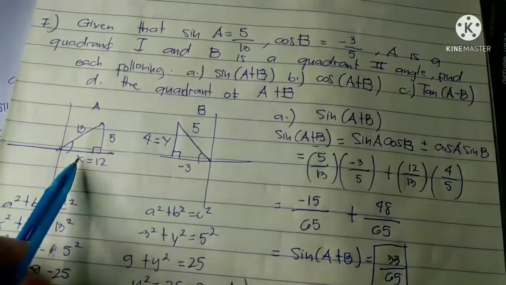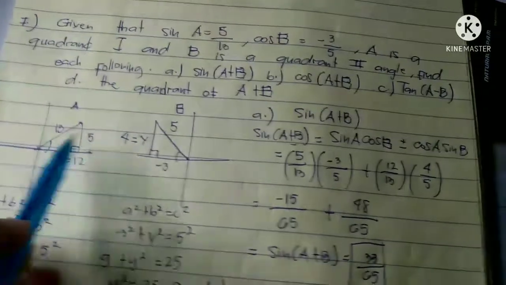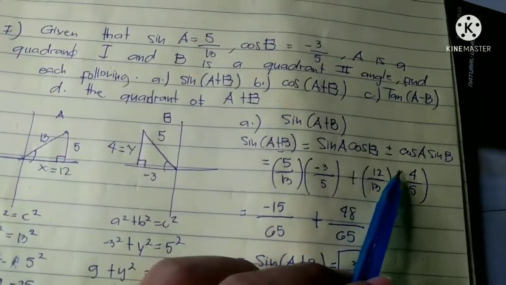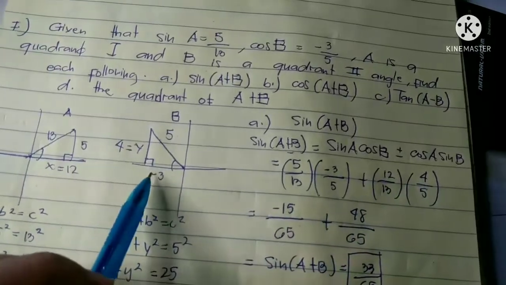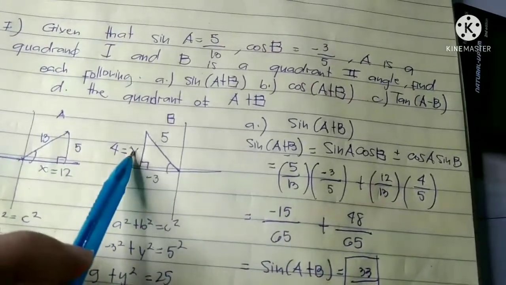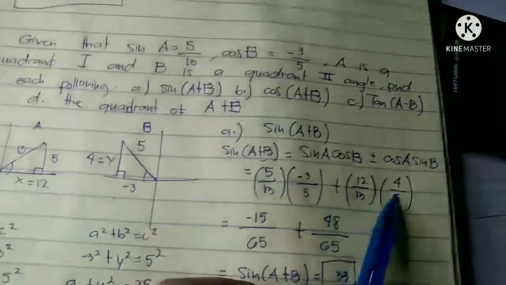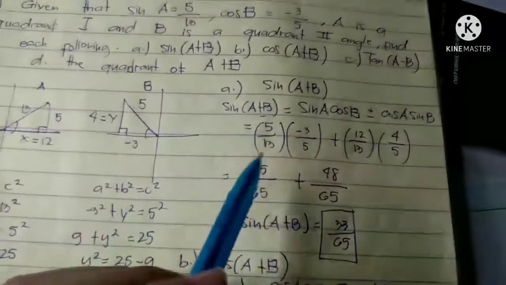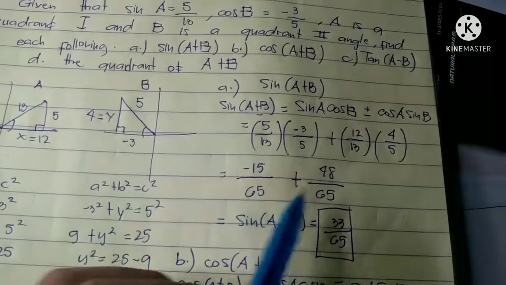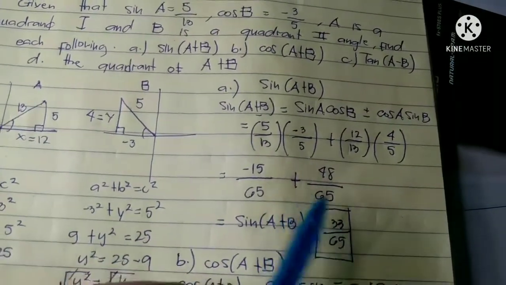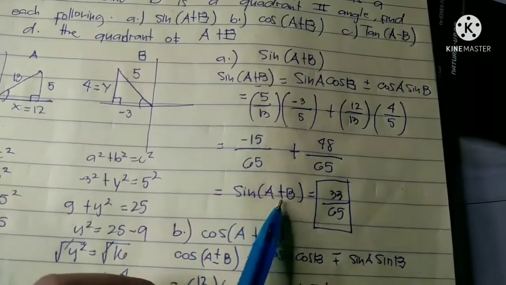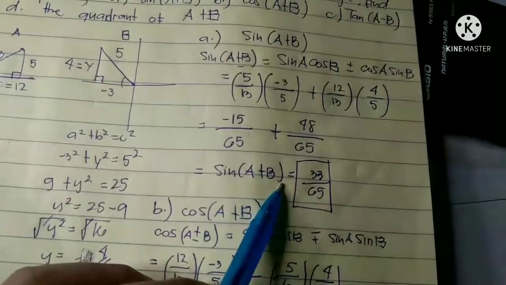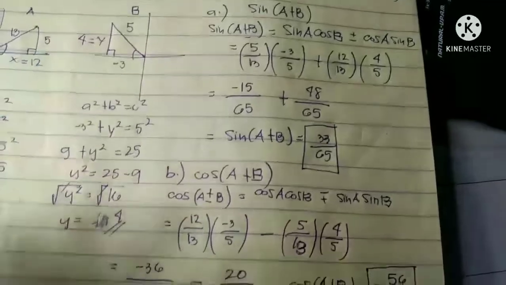So our adjacent is here, which is 12, and hypotenuse 13, and our sine b is here, opposite, and our hypotenuse here. So if we simplify, we will get -15 over 65 plus 48 over 65. Now we can calculate. So our sine a plus b is equal to 33 over 65.